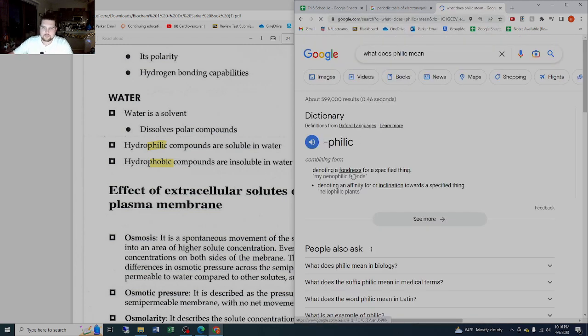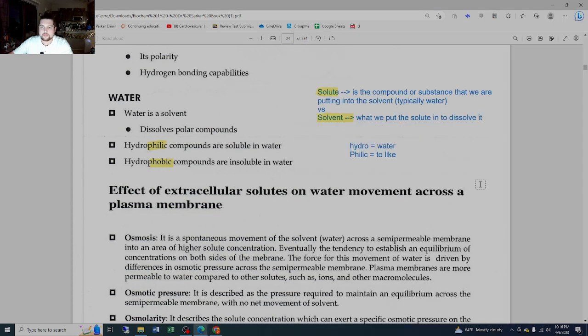The proper definition is denoting a fondness or an affinity for a specific thing. And phobic, like a phobia, is to fear, not like. So something that is hydrophilic means it likes water, and it is soluble.